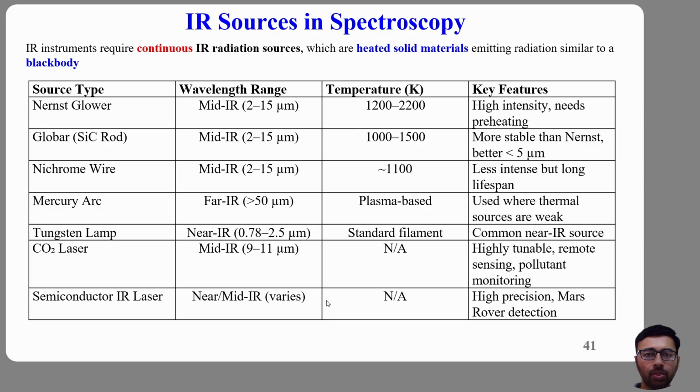This laser operates primarily in the 9 to 11 micrometer range. CO2 lasers are widely used in remote sensing, atmosphere monitoring, pollutant detection, industrial processing, and high precision spectroscopy. Because the wavelength is tunable, these lasers are excellent for selectively probing specific molecular absorptions.